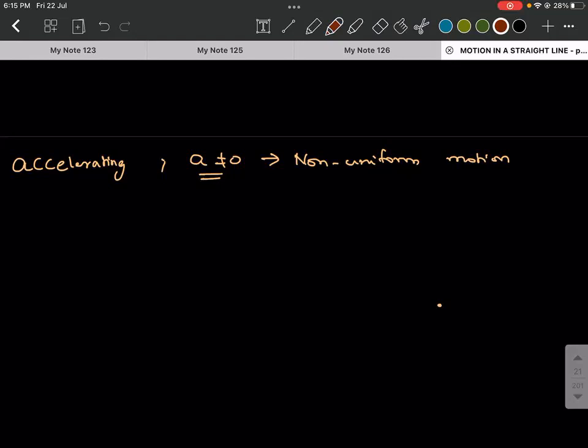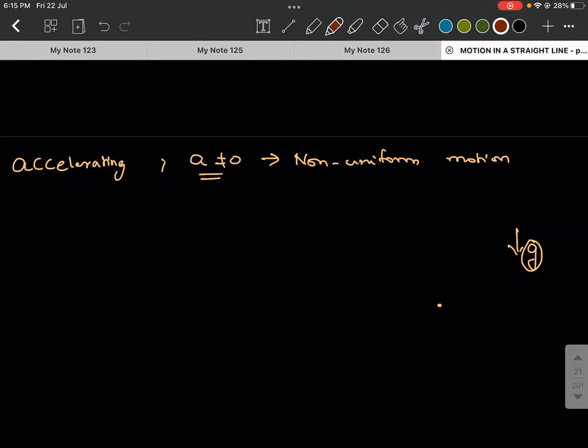Why? Because there is acceleration due to gravity existing. The object is accelerating or decelerating. So when the object goes from bottom to top, it is decelerating. Why did I say decelerating? Because velocity and acceleration are in opposite direction. Whereas when the object is moving down, its velocity and acceleration, they both are in the same direction. So it is accelerating. Is that right?